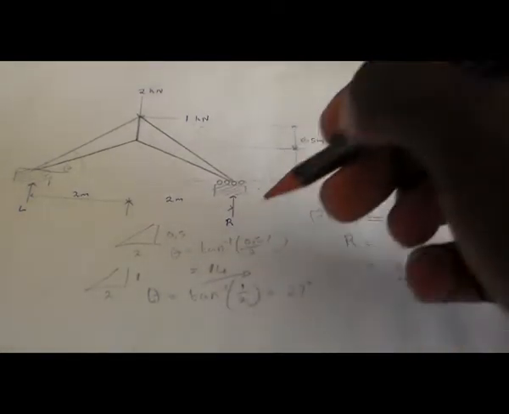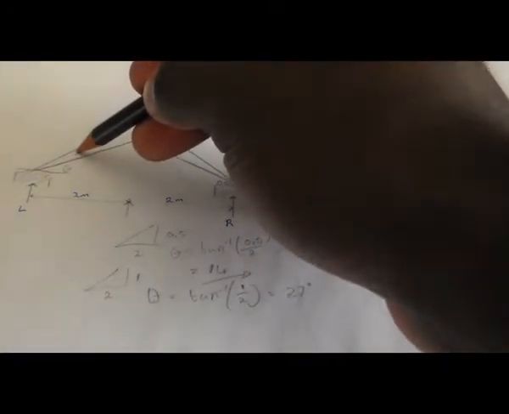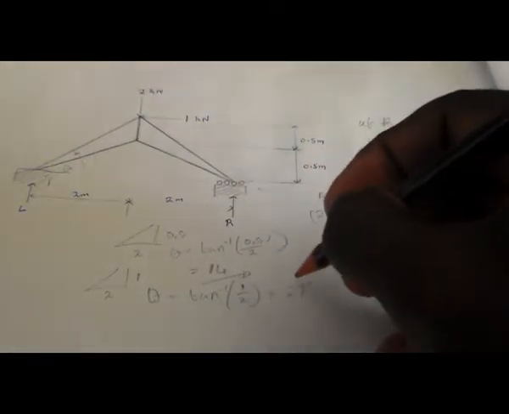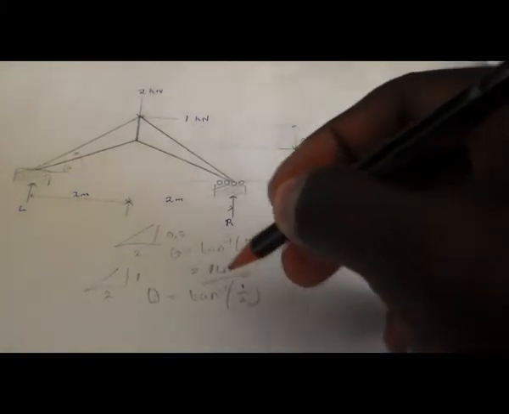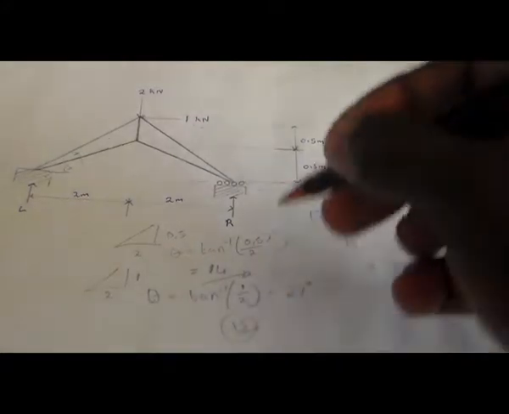Then we subtract to find the angle inside: 27 minus 14 gives us 13. So the angle here is 14, and the angle here is 13.